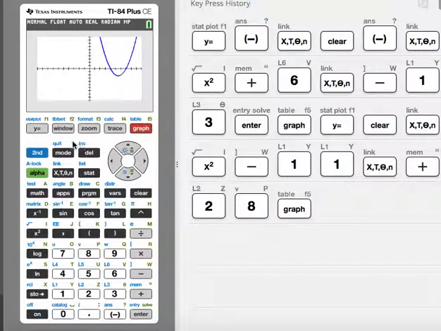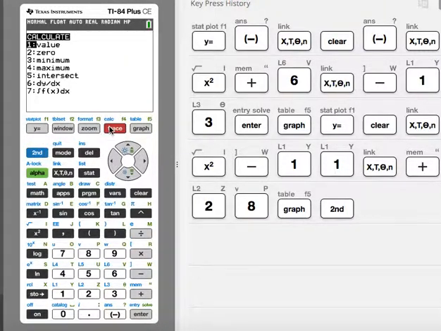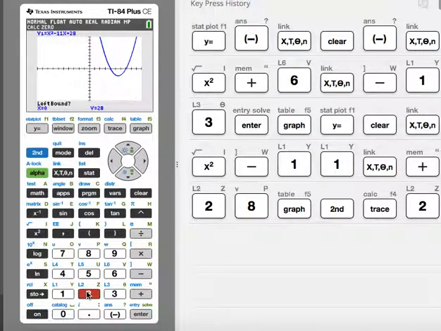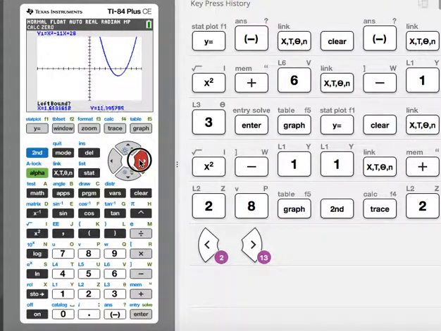So we go ahead and trace. But we don't just use the simple trace button. We do second calc, okay, second trace to get us into this calc function. And we go number 2 zeros, because we are actually finding the zeros of this graph. Now on this, I need to find my cursor here. Here it comes. And we need to find the left bound.